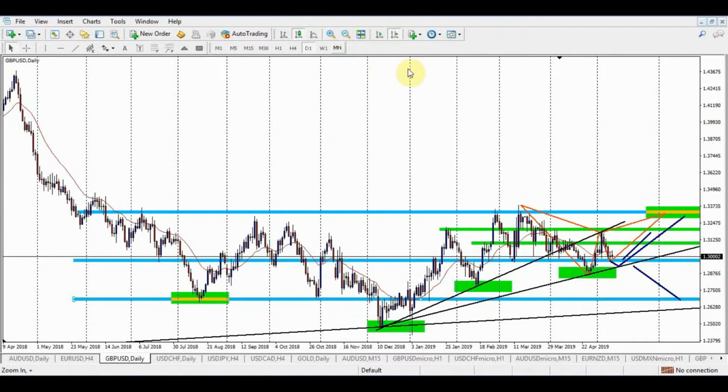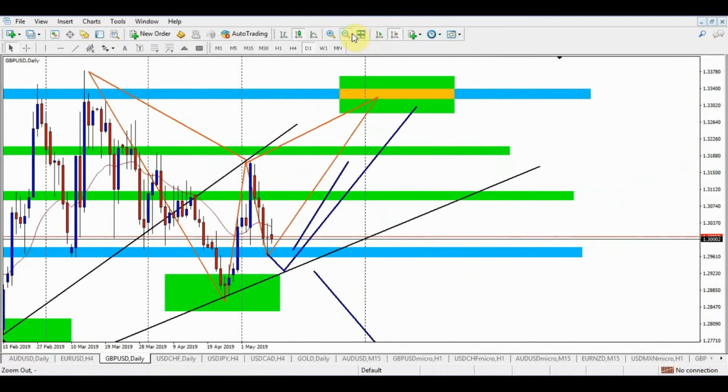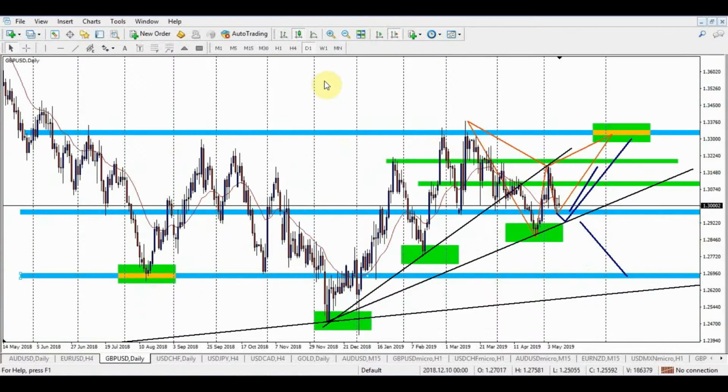Okay, Pound USD, as you can see here, I marked out some steps here, maybe the change of trend, right? What I'm seeing here as a whole is an inverted head and shoulder pattern, these 3 points here.